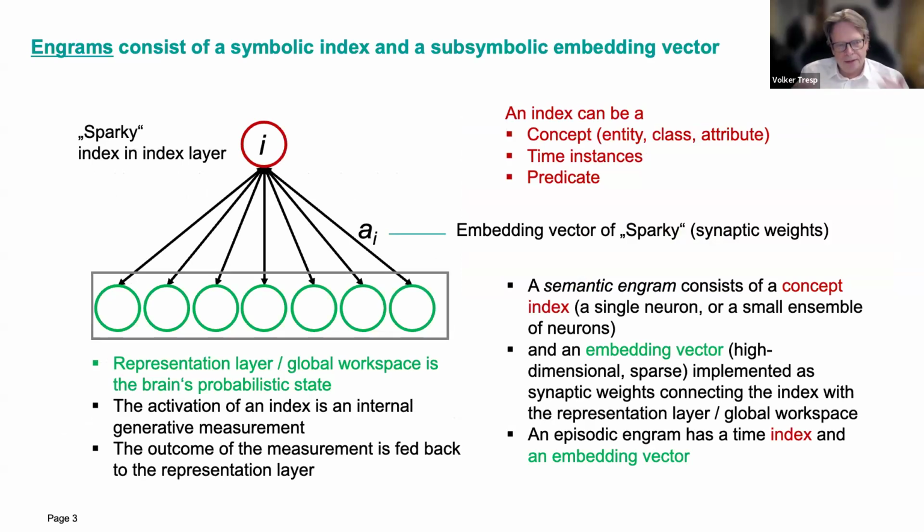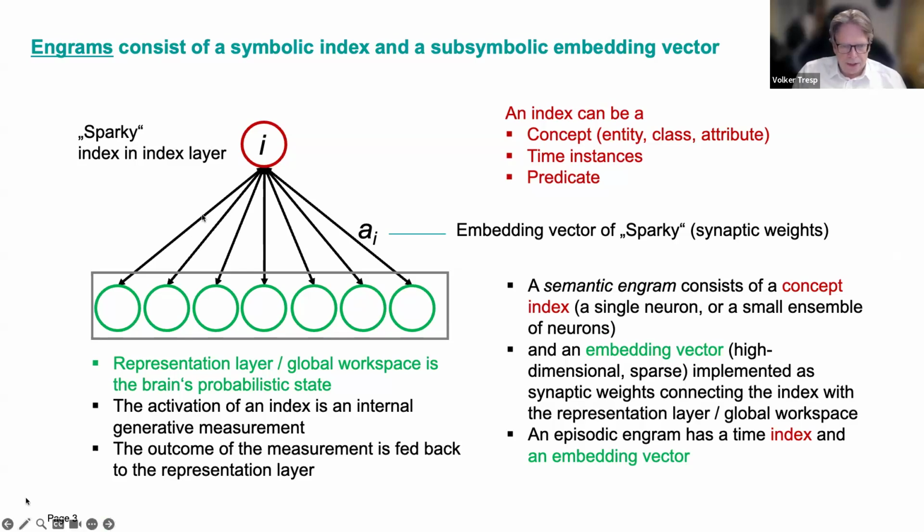So an n-gram consists of an index, and it can be like one neuron or a small set of neurons. And this index I here, this is for Sparky, is connected to the representation layer, also called global workspace. And the connection weights here are the embedding of that index, in this case of Sparky.